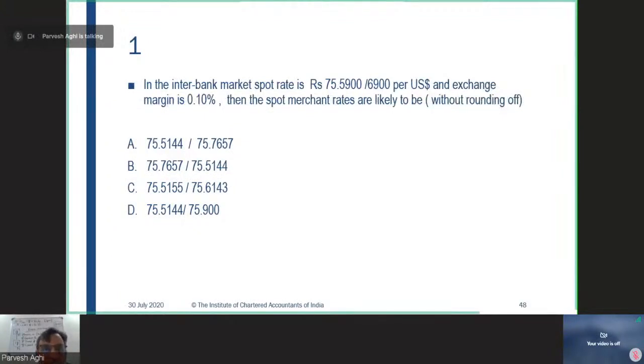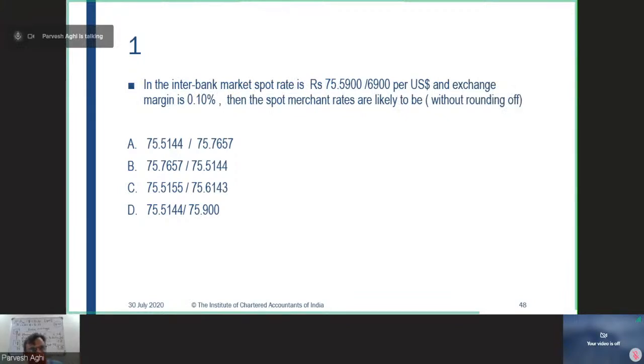In the interbank market, the spot rate is 75.59 oblique 6900 per US dollar and the exchange margin is 0.10. Then the spot merchant rates are likely to be, without rounding off. So let me know what would be the merchant rates: A, B, C or D. Just calculate the merchant rates and let me know which is the right option.